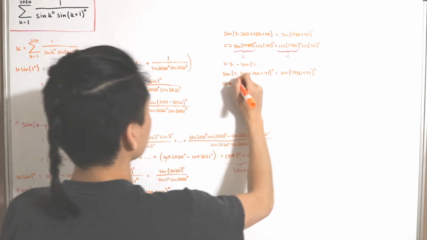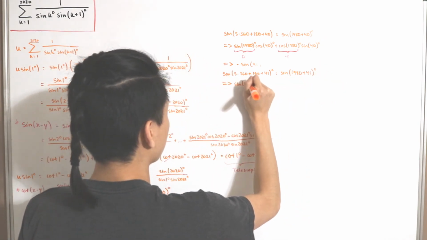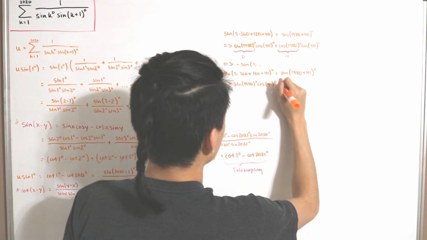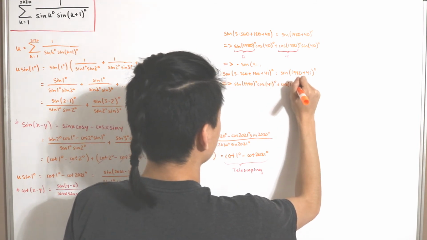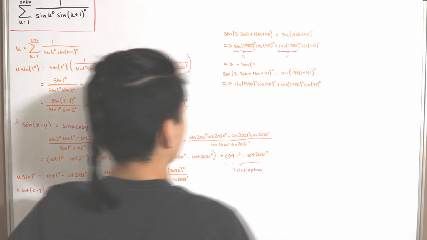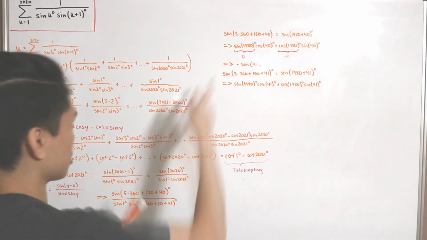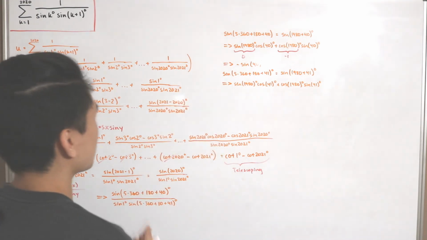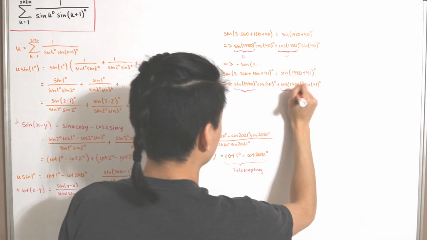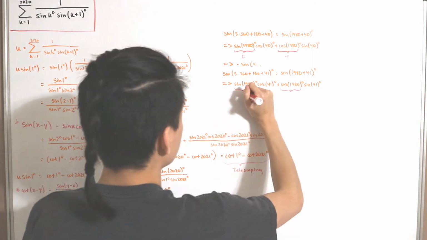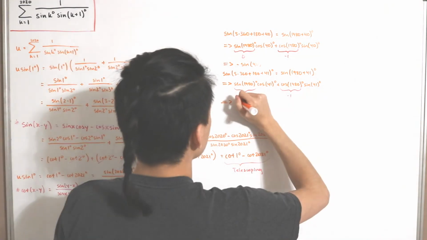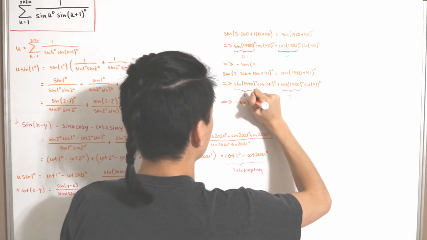Then we use the rule: sine of 1980 multiplied by cosine of 41, plus cosine of 1980 multiplied by sine of 41 degrees. It's the same justification as before, basically the same math, we just added 1 degree. I just want you to understand what's going on over here. Sine of 1980 is going to be 0, and cosine of 1980 is going to be -1. So therefore this is just negative sine of 41 degrees.